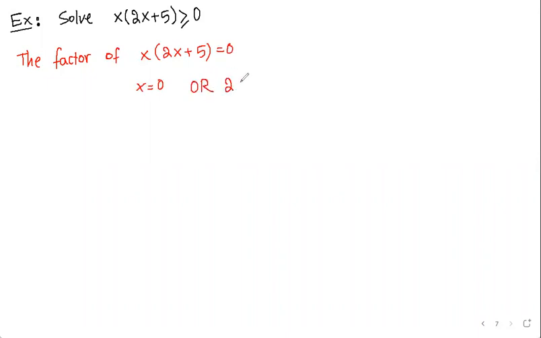So it's 2x plus 5 equals 0. Minus 5 from both sides, and then divide by 2 from both sides. What do I get? 5 over 2.